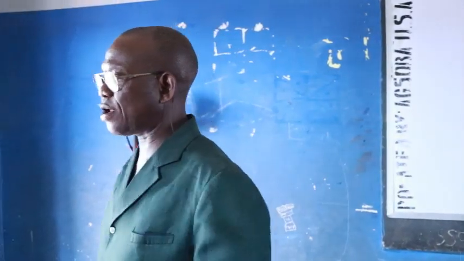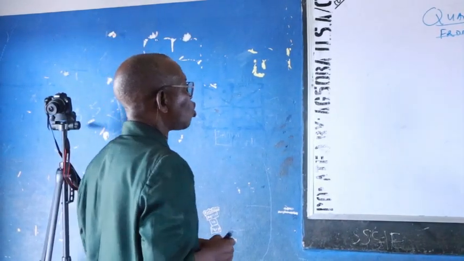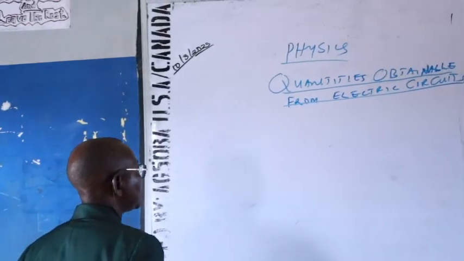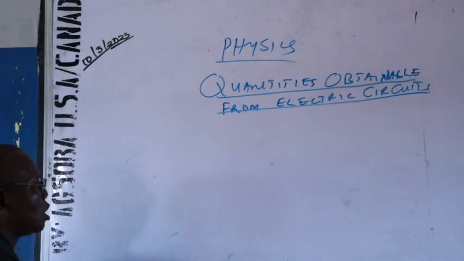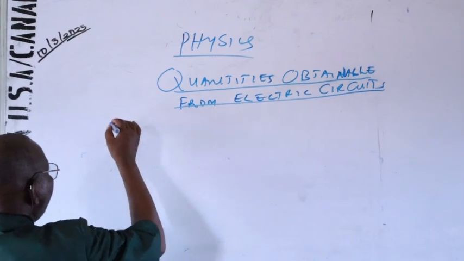The external resistors in the circuit is another segment. We want to engage the formula for combining two or more components. Now today, we want to look at quantities obtainable from the electric circuit. The following quantities are obtainable.